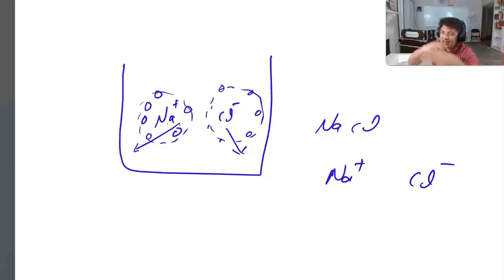However, the total charge balance is 0. Sodium plus, chlorine minus, other sodium plus, other chlorine minus, they live like that. This is an ionic solution, because the solute is ionic. At least the lattice breaks down. If it is not ionic, then only the lattice breaks down, and all the molecules live separately together.